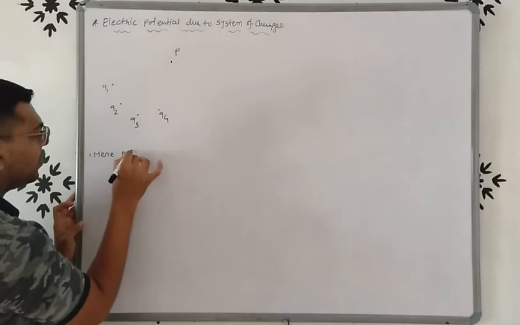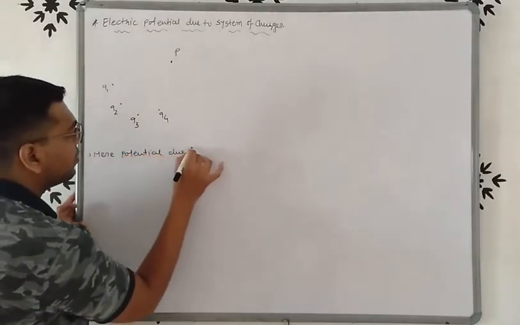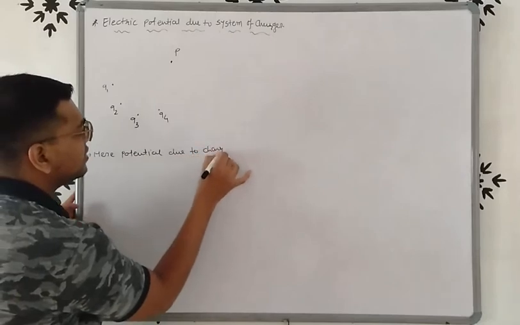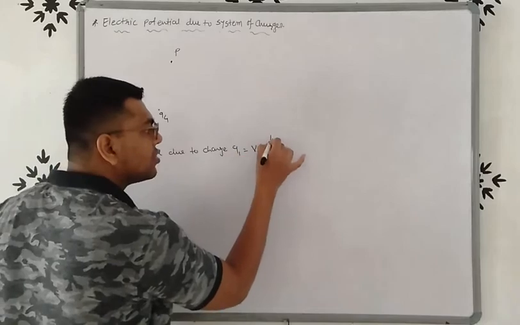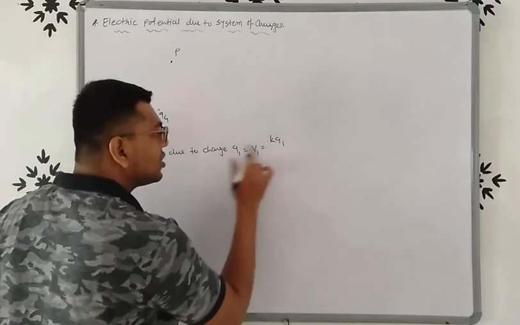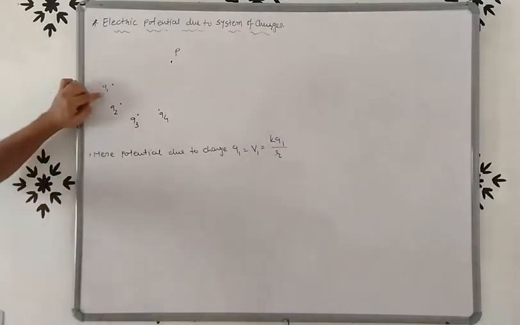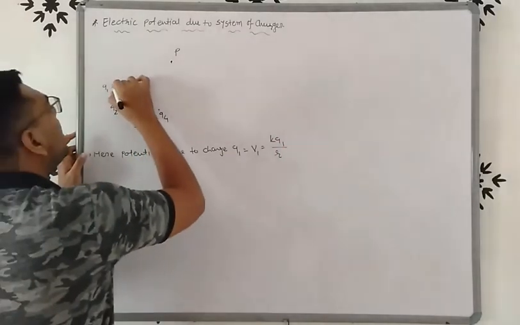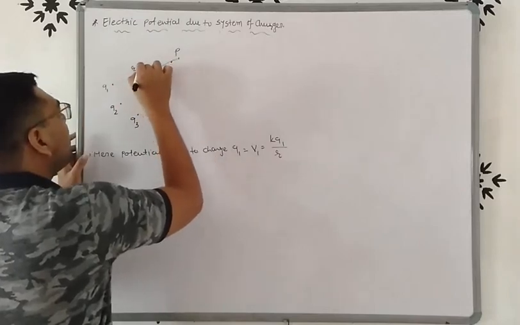Here the potential due to charge Q1 is V1 equal to Kq by R. So for charge Q1, it is Kq1 upon R, but here the distance between Q1 and P, suppose this distance is R1P.